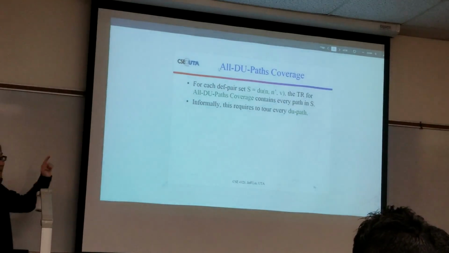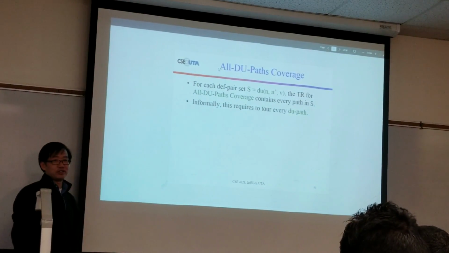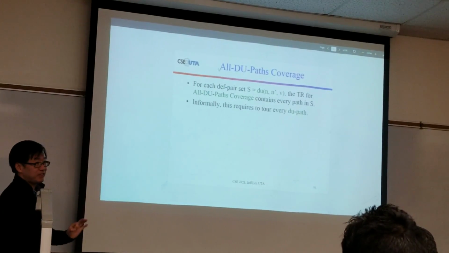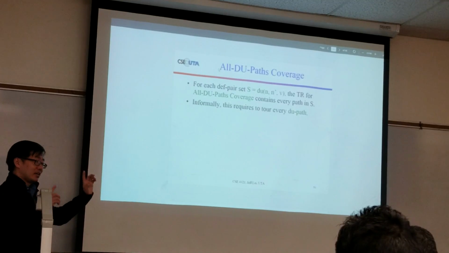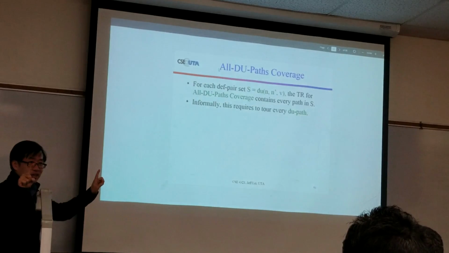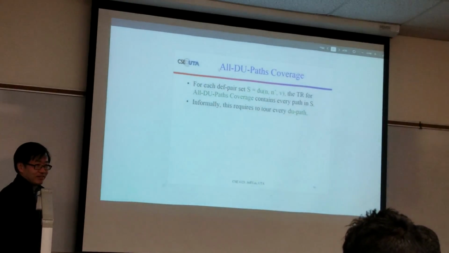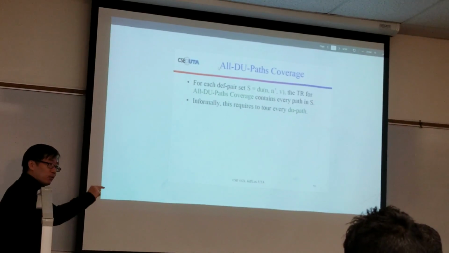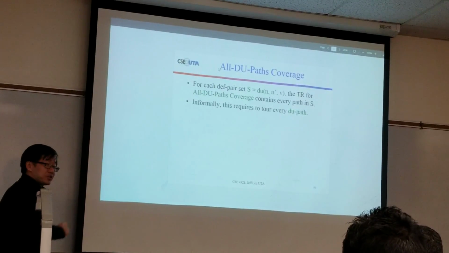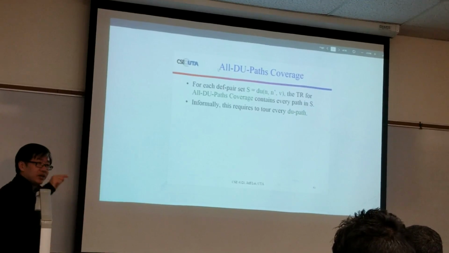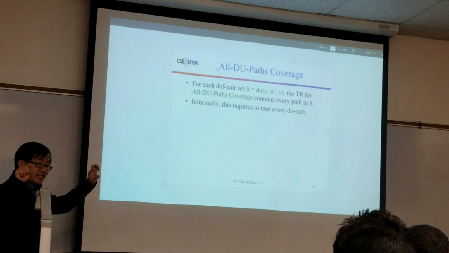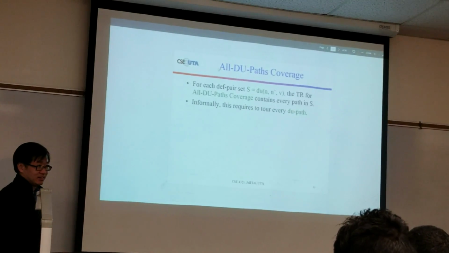Then we have the third coverage criteria. This goes even stronger. The reason why we have this one is that between a definition and a use, you could have multiple paths that go from one definition to one use. In the all uses criteria, you only require one of the paths between a definition and the use to be tested once.